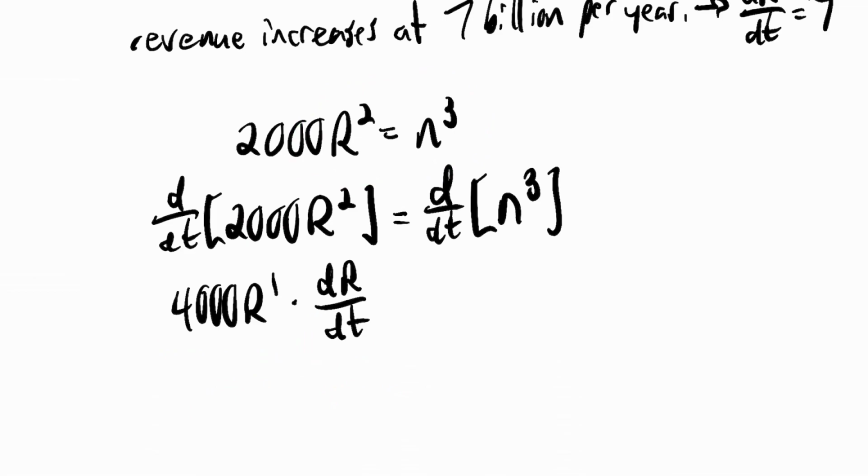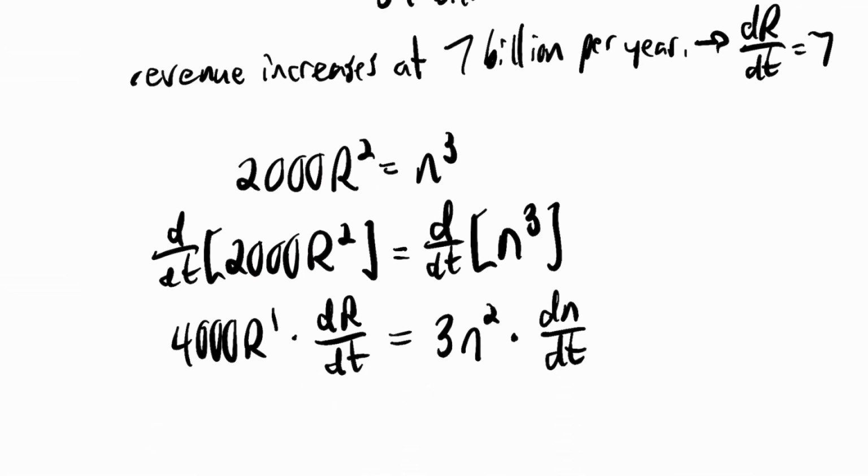Okay, so the right-hand side will be done similarly. When I apply the power rule, 3n squared, that's the derivative of the outside function, then times dn dt, the derivative of the inside function. Okay? And now I have an equation that relates r, dr dt, n, and dn dt.